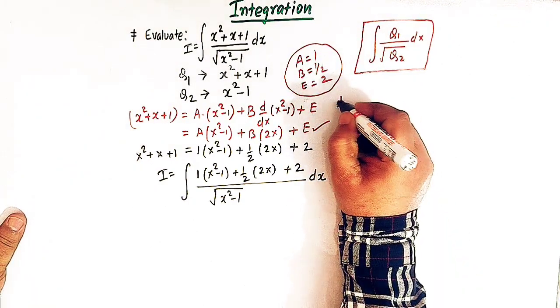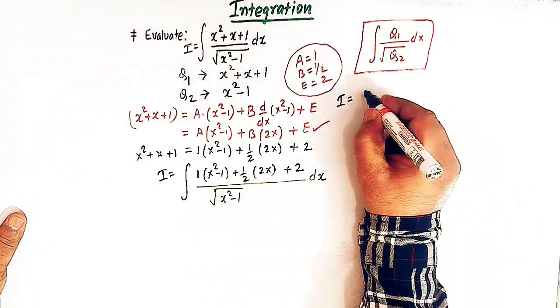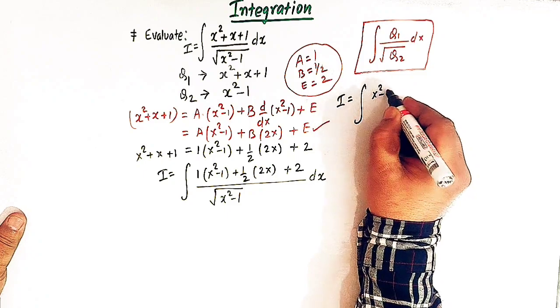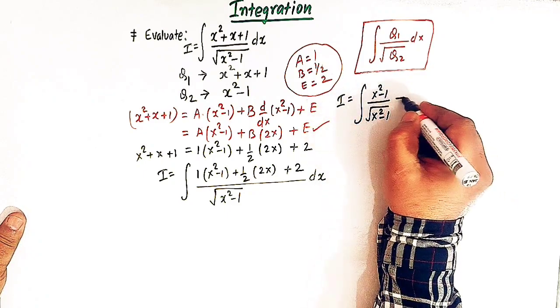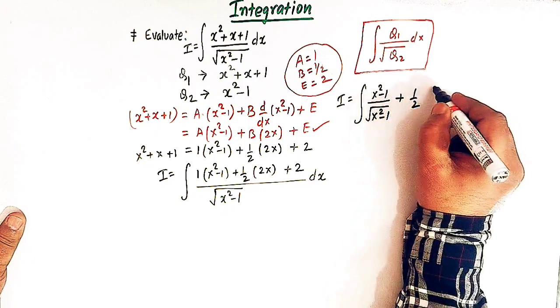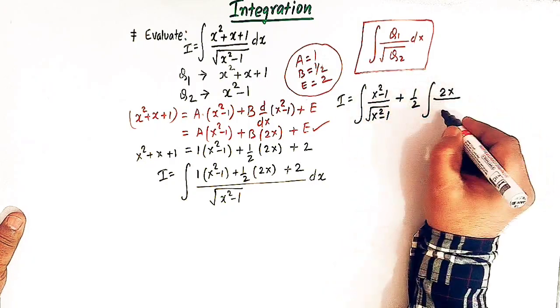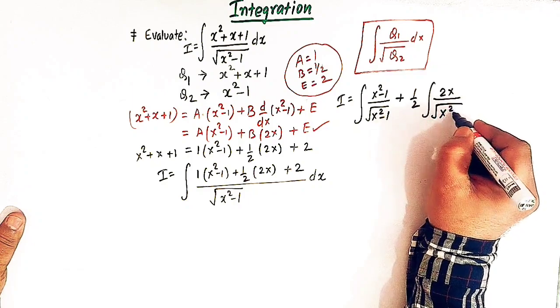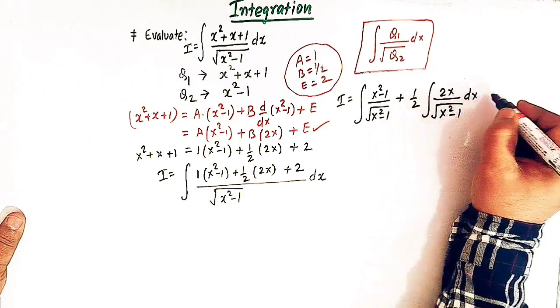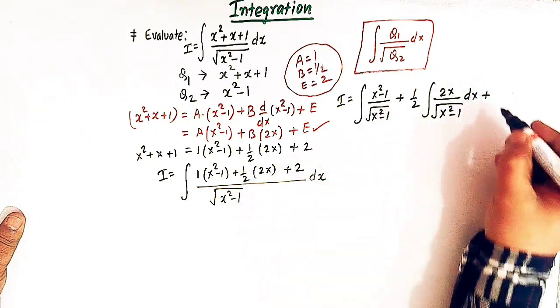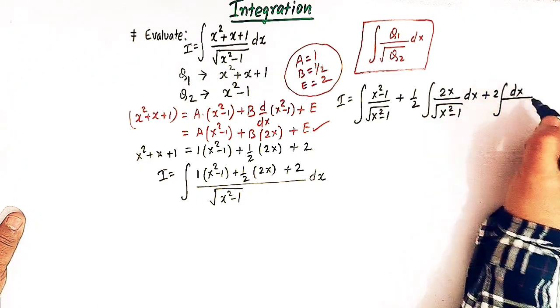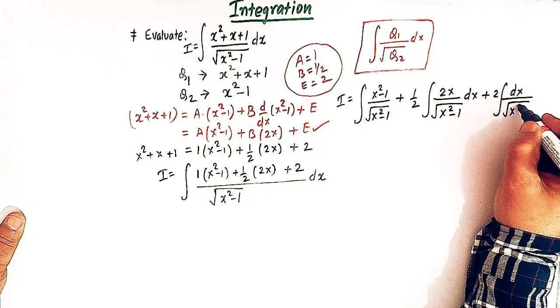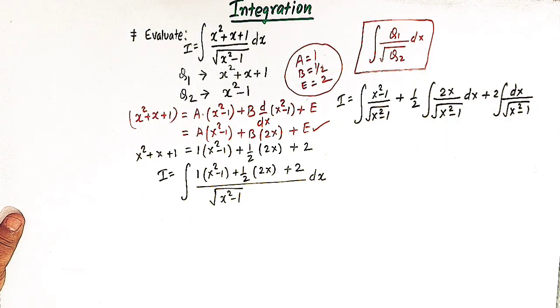So we have I is equal to the integral of x square minus 1 over square root of x square minus 1. Then we have half and the integral of 2x over square root of x square minus 1 dx, and then here we have 2 times the integral of dx over square root of x square minus 1, right?